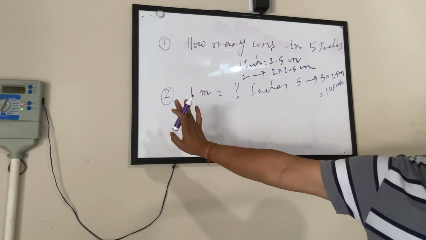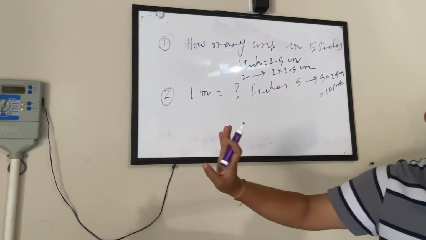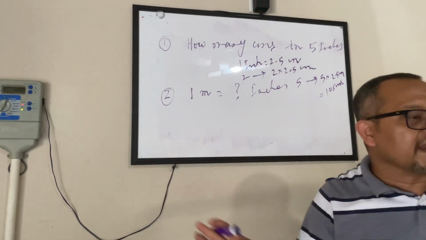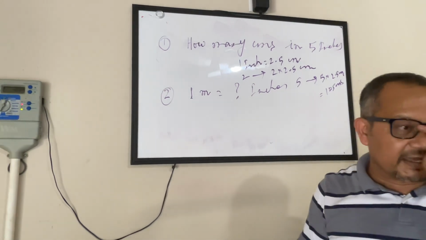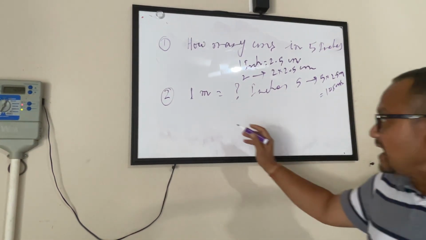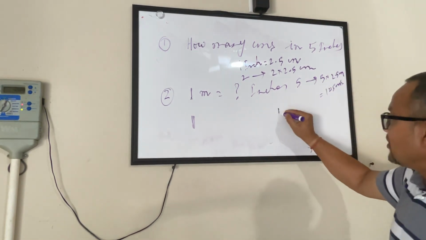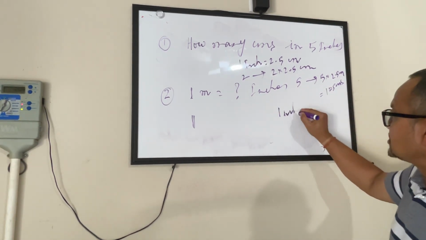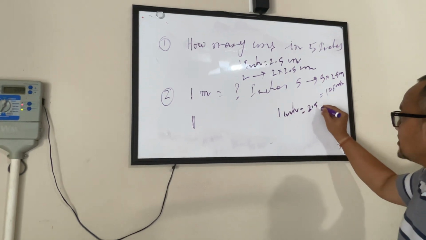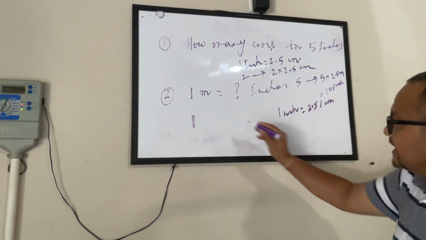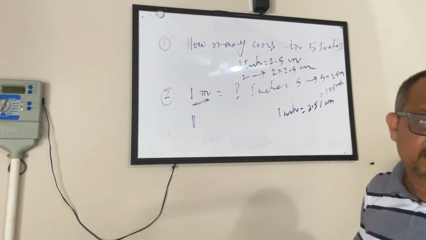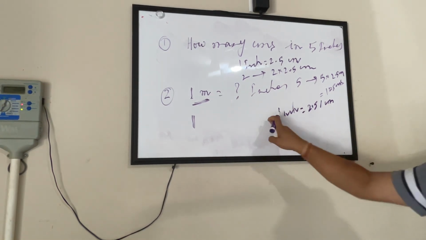Now let me do this. This might not be very easy. It's not very difficult, just that we are trying to do it quickly so that I can let you guys go. Now, we know that 1 inch equals 2.51 centimeters. Let's look at 1 meter equals how many centimeters, then we'll see how we can compare them.